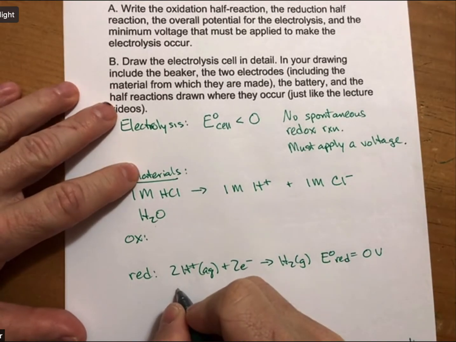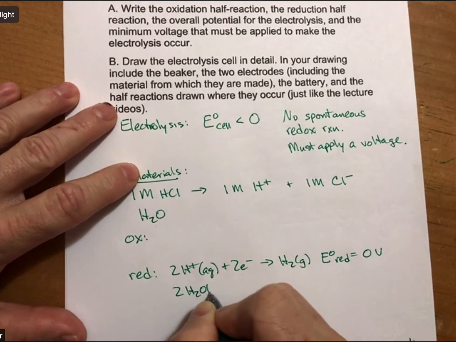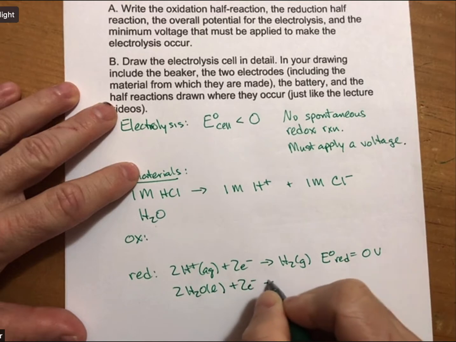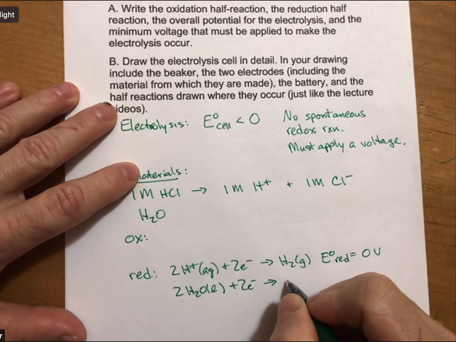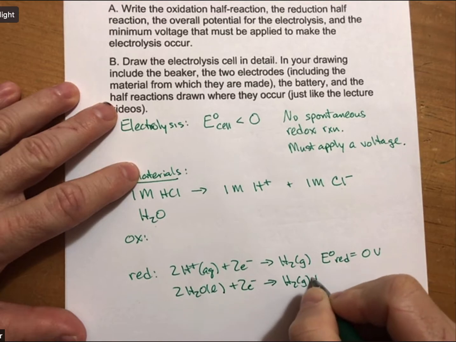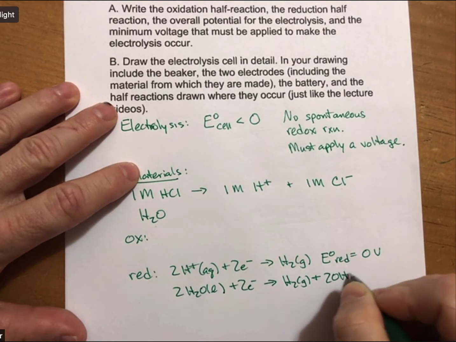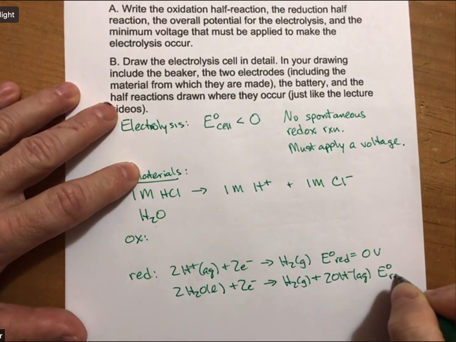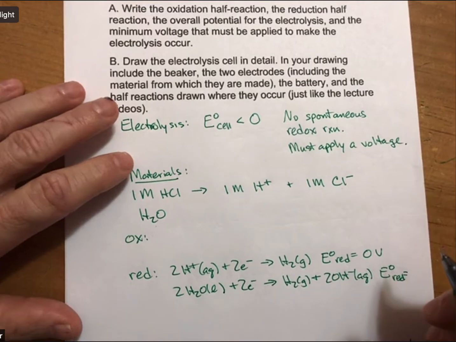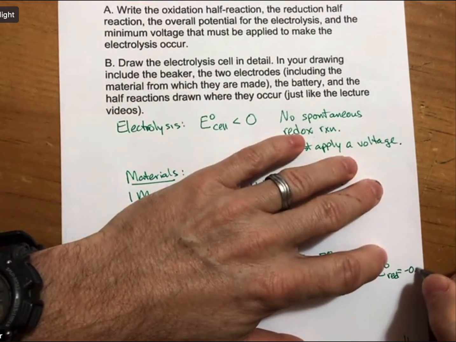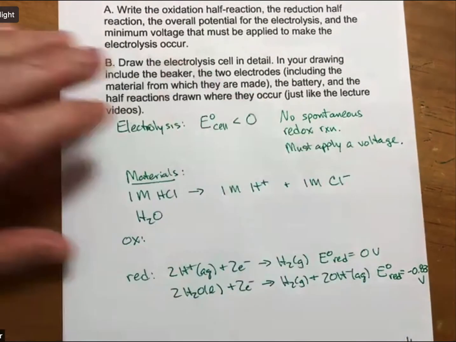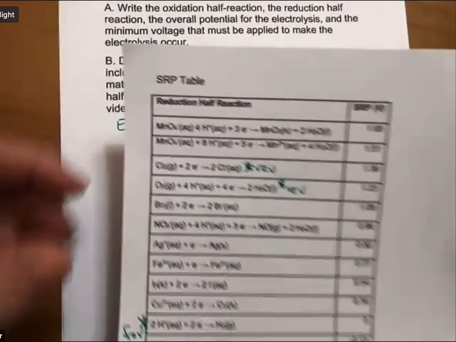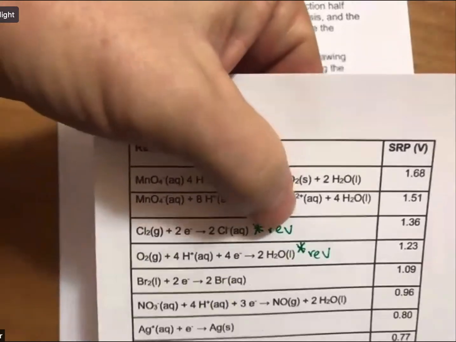The other possibility is 2 H2O liquid plus 2 electrons goes to H2 gas plus 2 hydroxides. And this one is minus 0.83 volts.